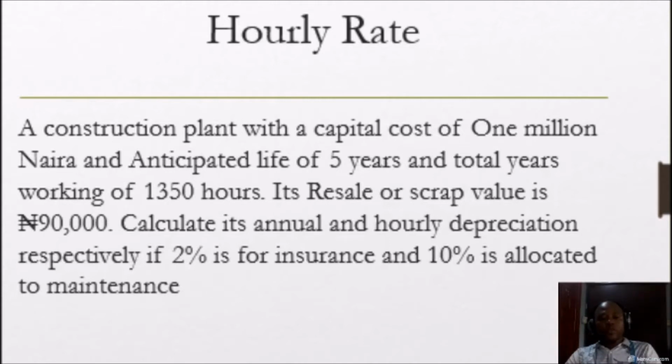So looking at the question, the cost of the construction plant is ₦1 million. That's buying it. Then it is expected to work for 5 years under a total of 1,350 hours. Then its resale or scrap value, that is, having served us for 5 years under 1,350 hours, we're expected to resell it.